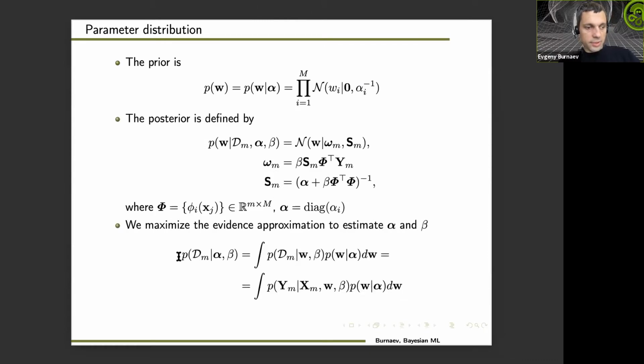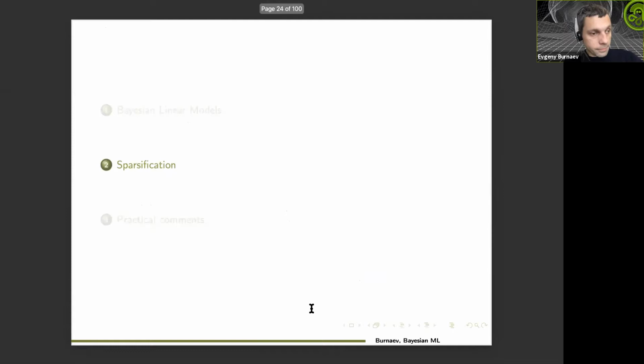Okay, so this is the evidence function. Again, the evidence function is the data log likelihood averaged with respect to the prior distribution of the unknown parameters W. And so it is only the function of hyperparameters beta and alpha. Let us calculate it.